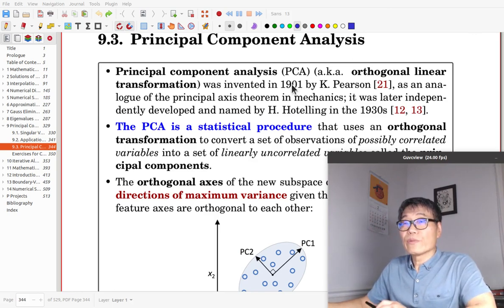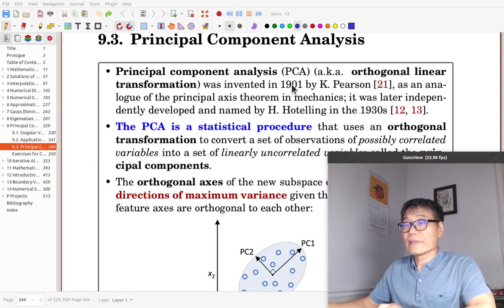Section 9.3, Principal Component Analysis, PCA. PCA is a statistical procedure that uses an orthogonal transformation to convert possibly correlated variables into linearly uncorrelated variables.